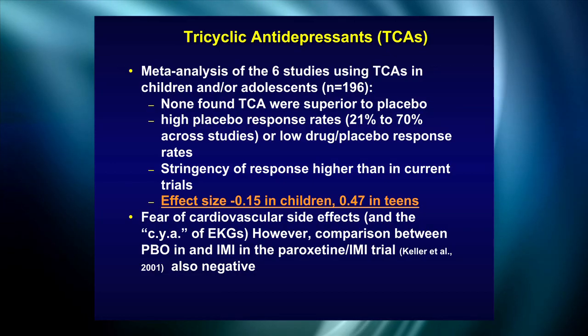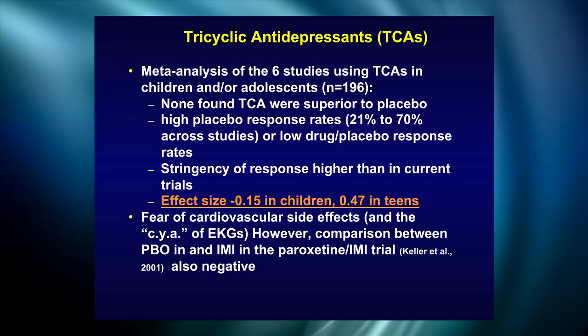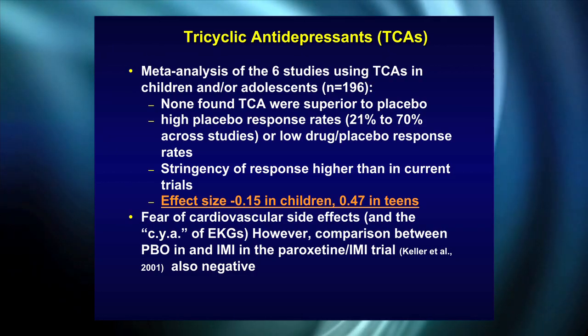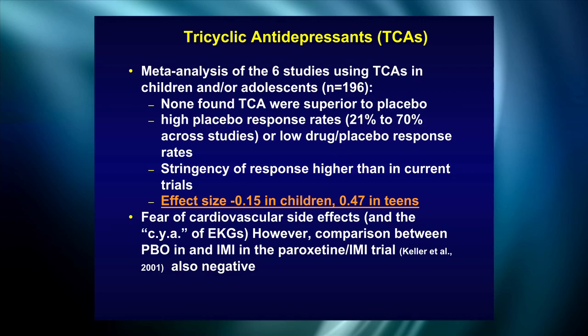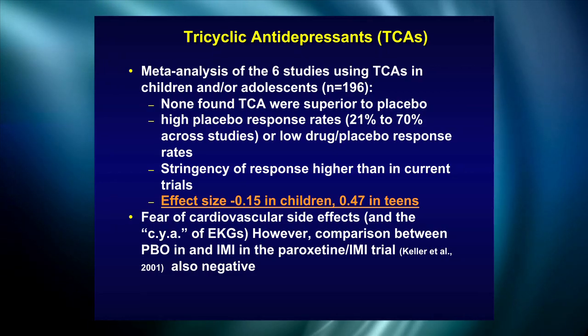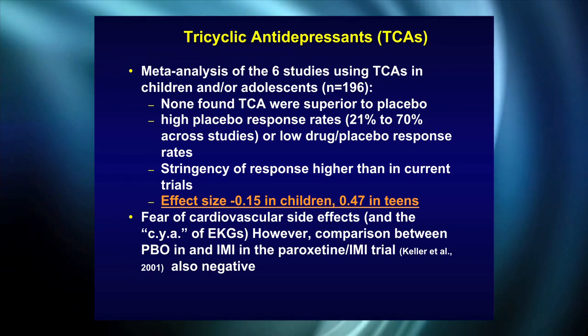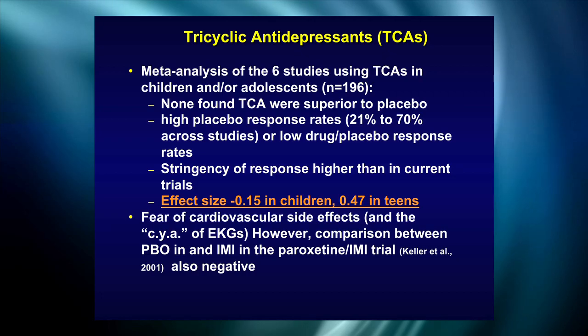And what it came down to with the tricyclics was, even in the cases where there was some indication of improvement, the fact was there was a significant risk involved: that these drugs could be fatal in overdoses, that on rare occasions they caused arrhythmias. They were somewhat difficult to manage because of those threats, meaning that you had to get EKGs. And so, by and large, many people felt that the risks outweighed the benefits.